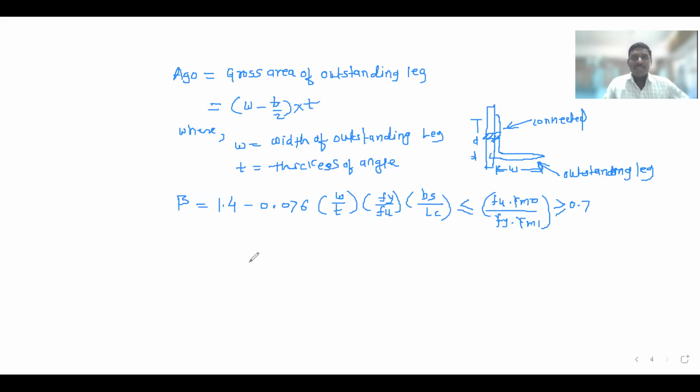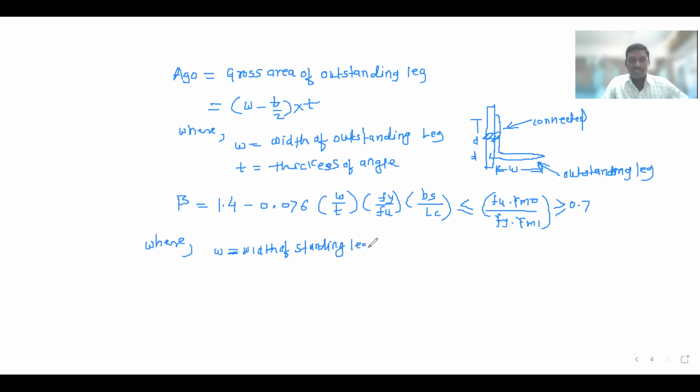Okay, so now where W is equal to what? Here we have written W. W is the width of outstanding leg.